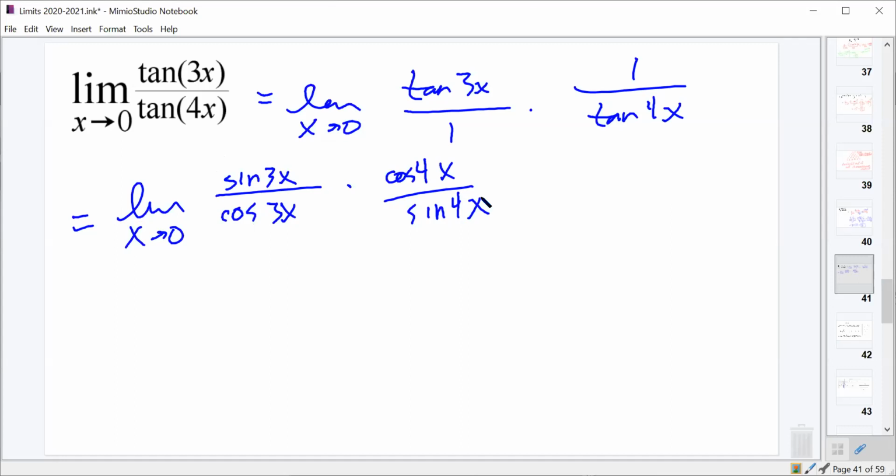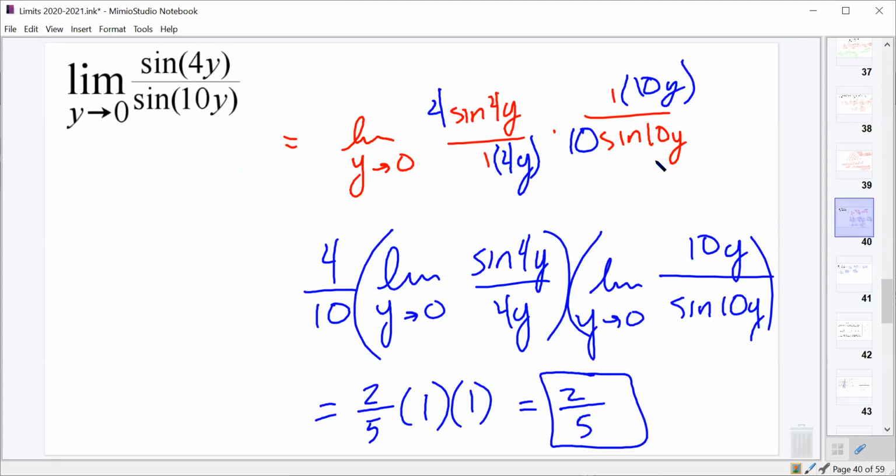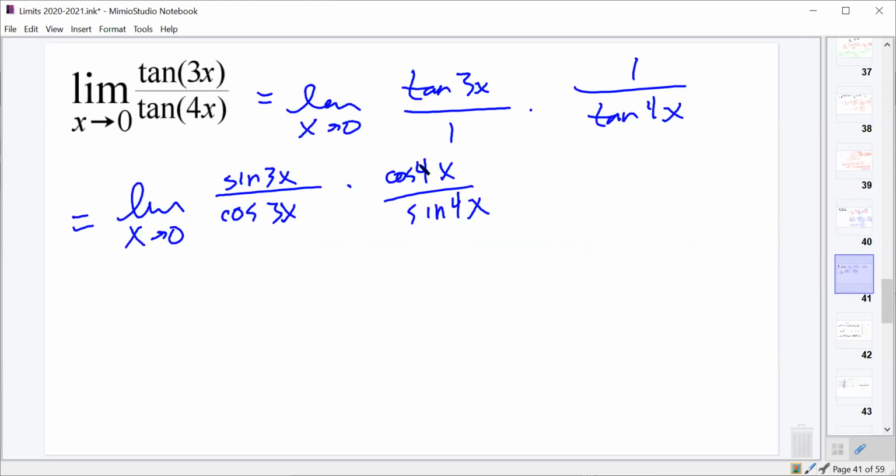And then how does this help me? I mean, it's almost the same as the problem we were just working on, right? With the sine in the numerator and the sine in the denominator, except I got all these extra cosines in here that are kind of messing things up.